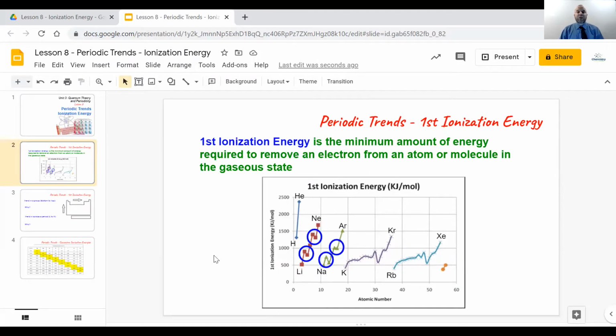These anomalies, which I have identified with a blue circle, occur after the second and fifth element in each group. And they are the result of a certain stability that is offered by having a completely filled sublevel or a half-filled sublevel, something that we've talked about earlier when we were talking about orbital notation.